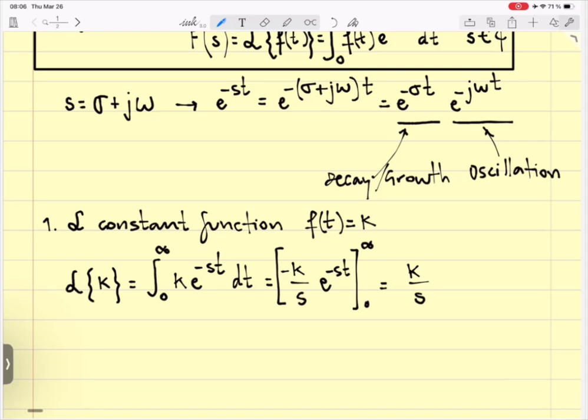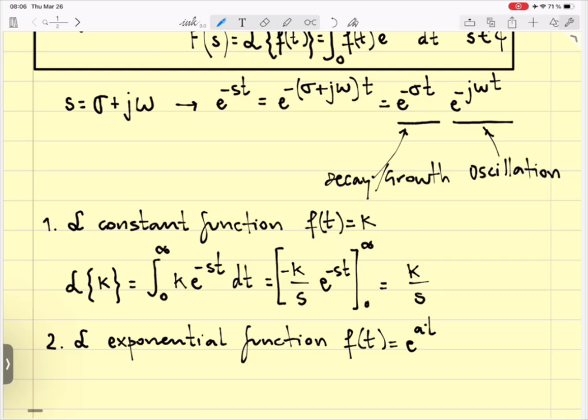So the second important result is the Laplace transform of the exponential function. So f of t equals e to the at, where a belongs to the real numbers.